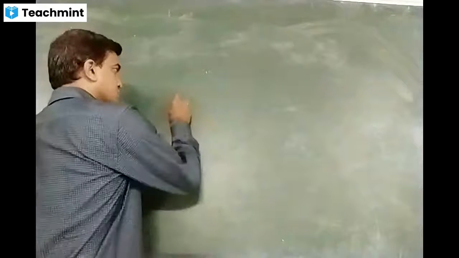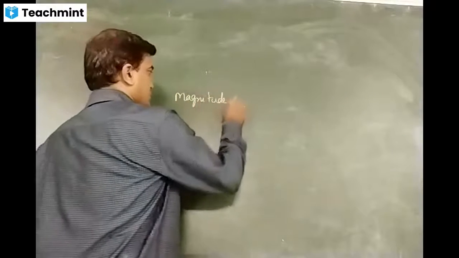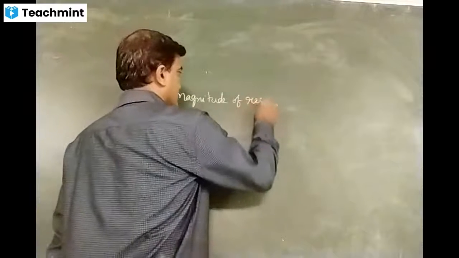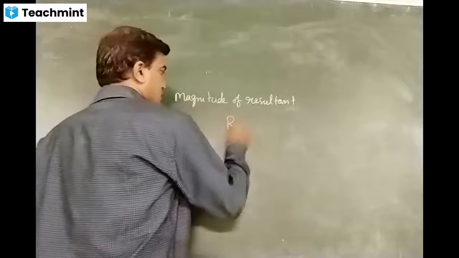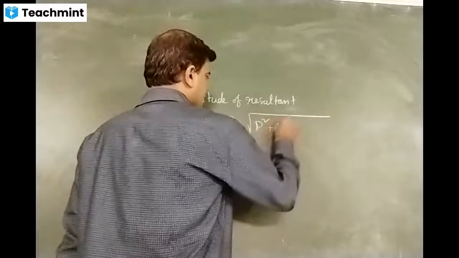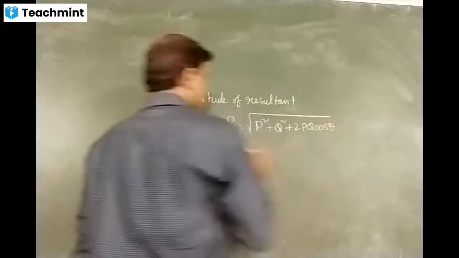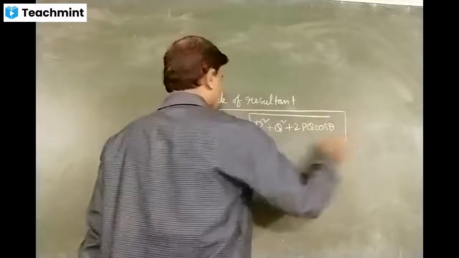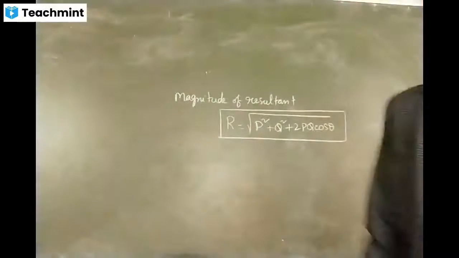The magnitude of resultant R is equal to root over P square plus Q square plus 2PQ cos theta, where theta is the angle between two vectors P bar and Q bar.